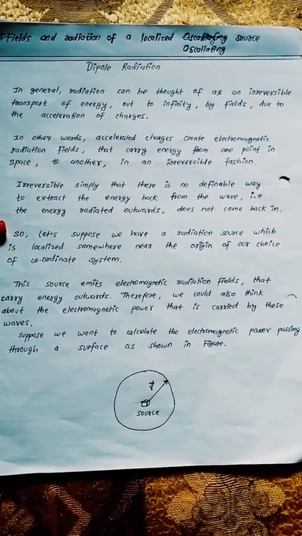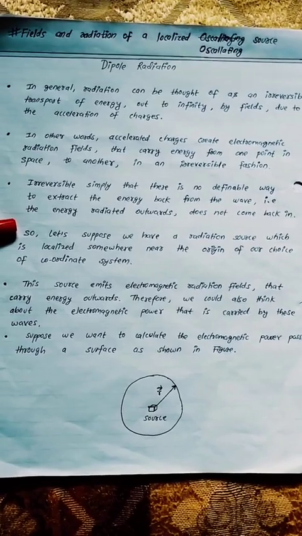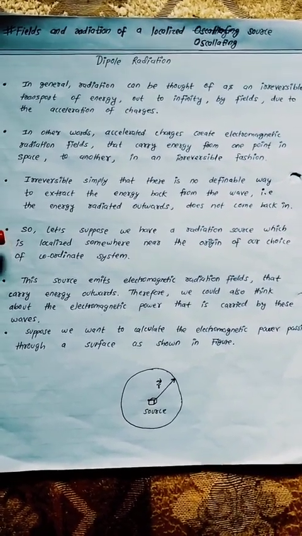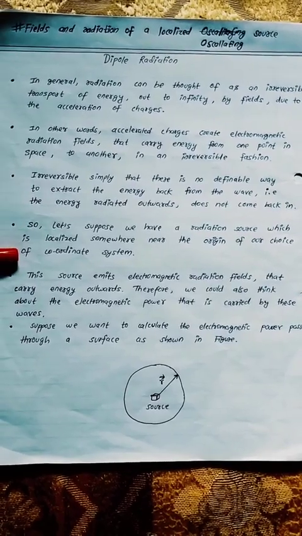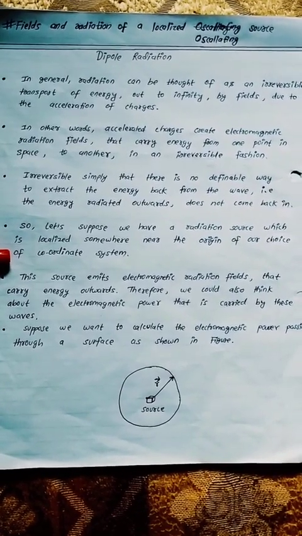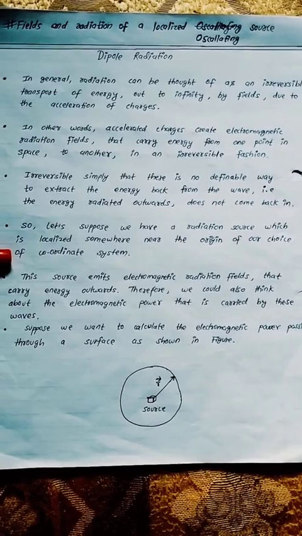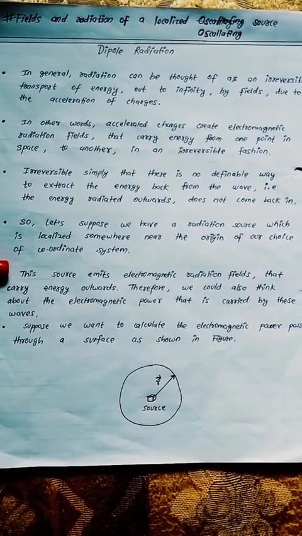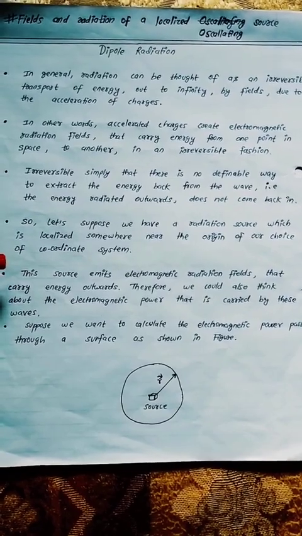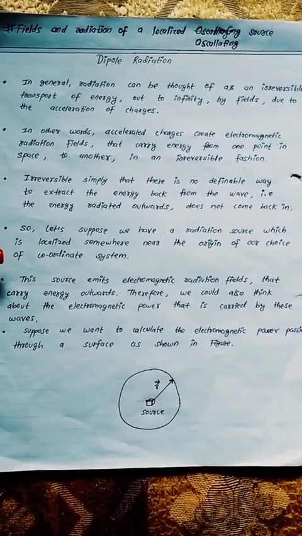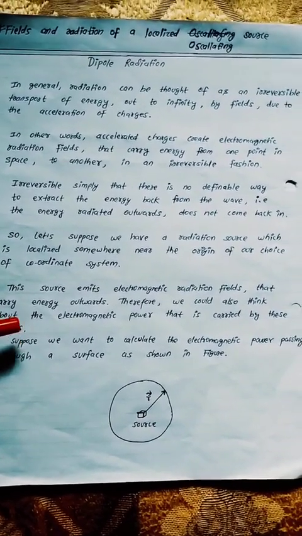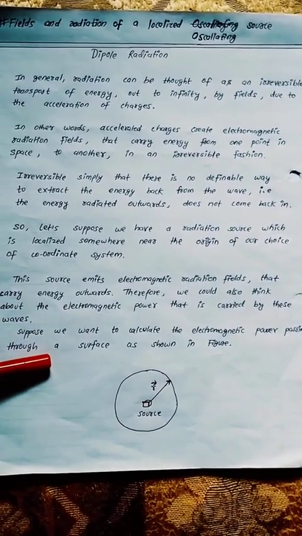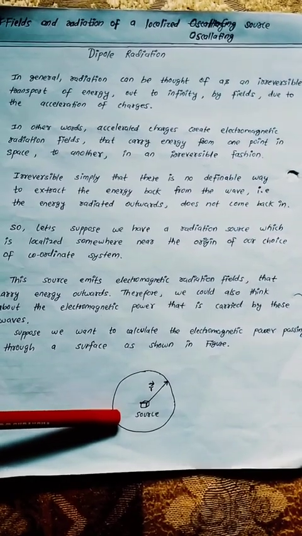So let's suppose we have a radiation source which is localized somewhere near the origin of our choice of coordinate system. This source emits electromagnetic radiation fields that carry energy outwards. Therefore, we could also think about the electromagnetic power that is carried by this wave. Suppose we have to calculate the electromagnetic power through a surface as shown in the figure.